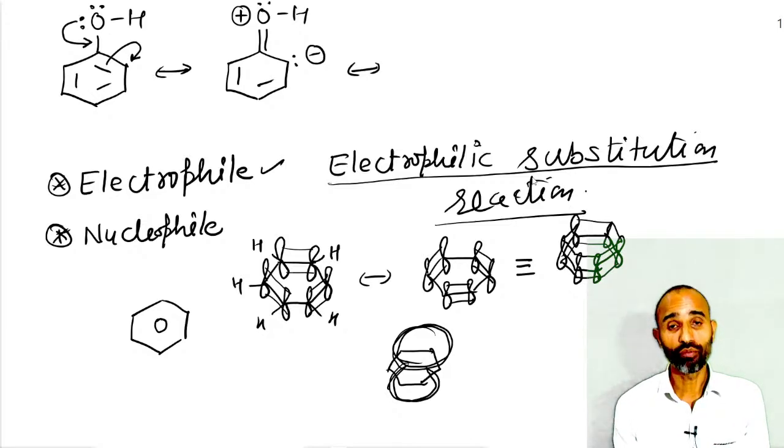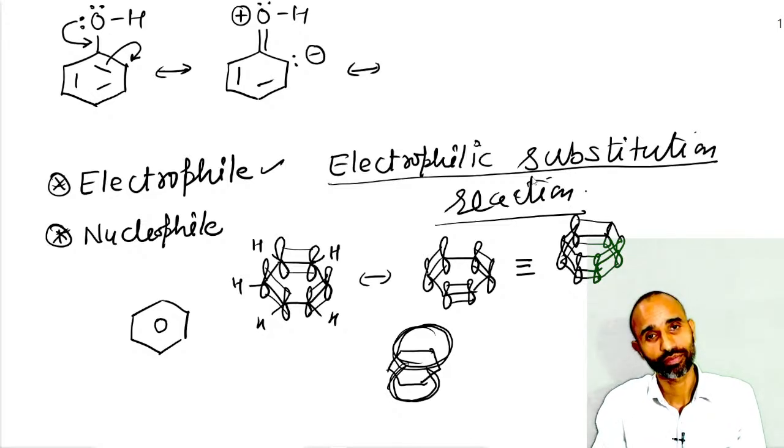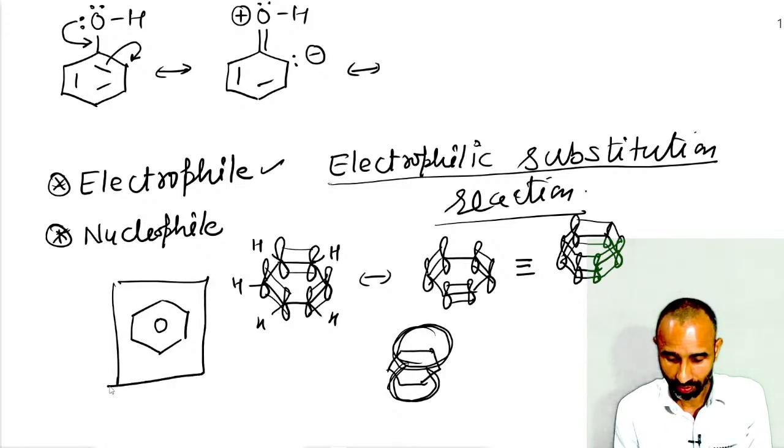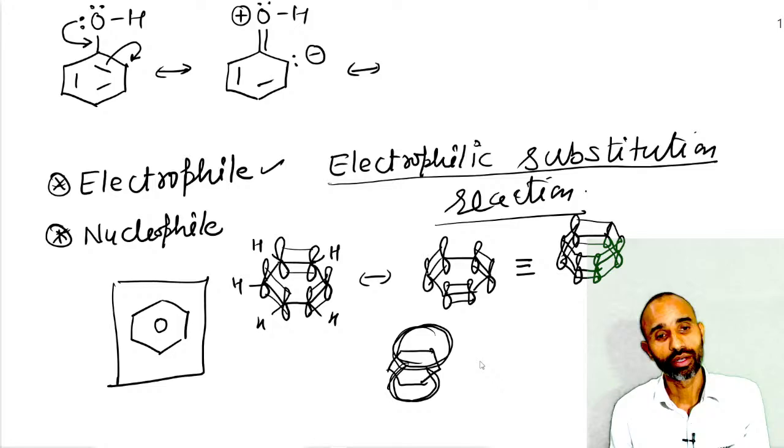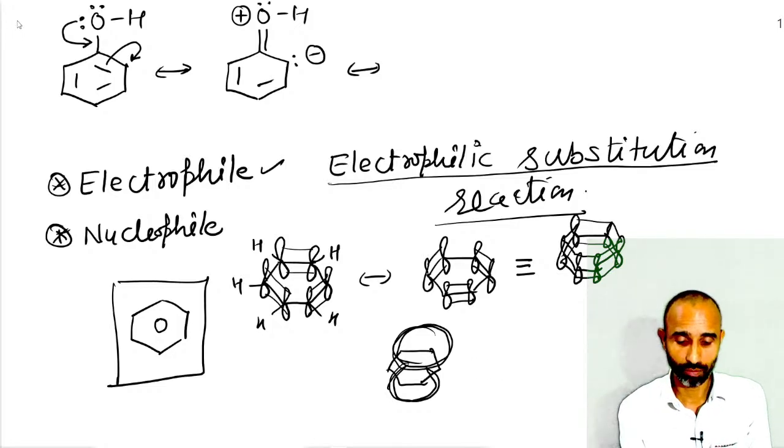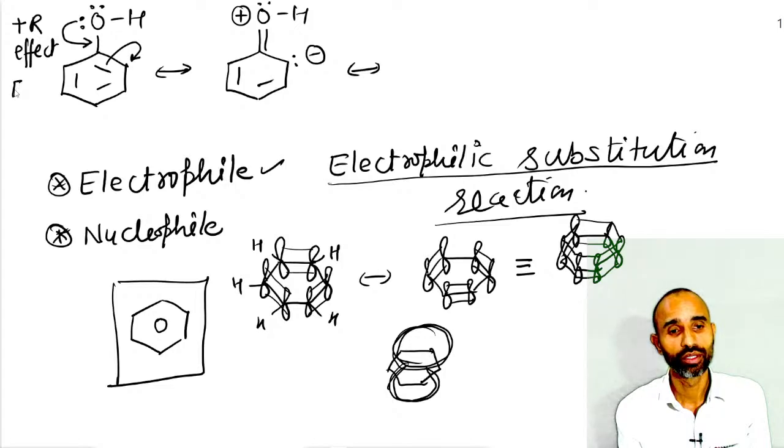Okay, now when we attach OH, it is no longer simple benzene. OH is showing plus R effect, which means it is an electron releasing group. So it will increase the electron density on the ring.